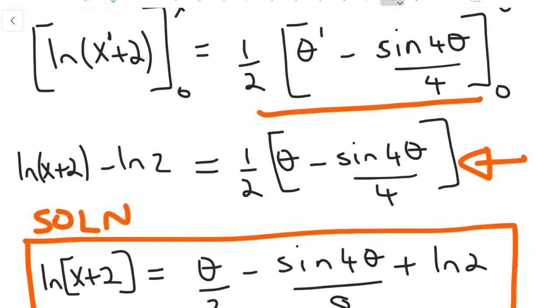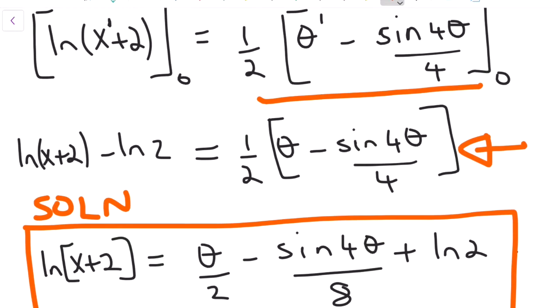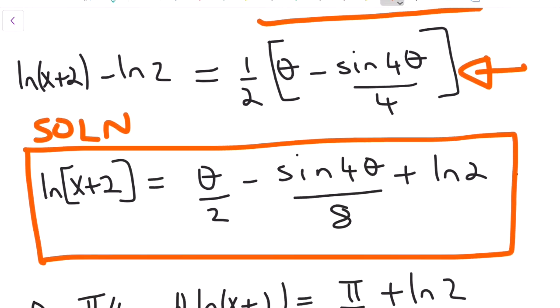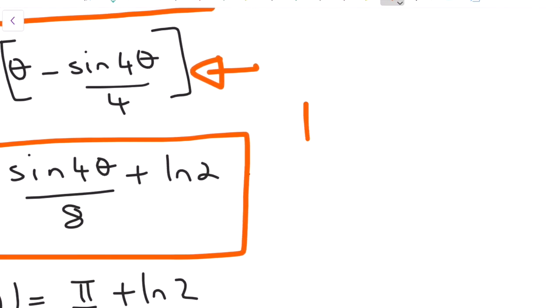So now we need to find the value when θ equals π over 4. So sine of 4θ will be sine of π, and we know that sine of π is 0, because the sine function looks like this.